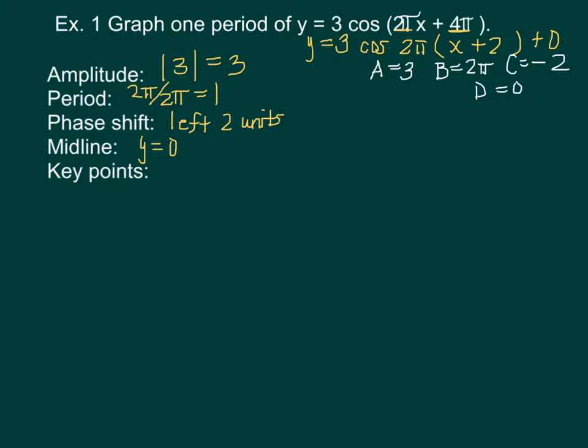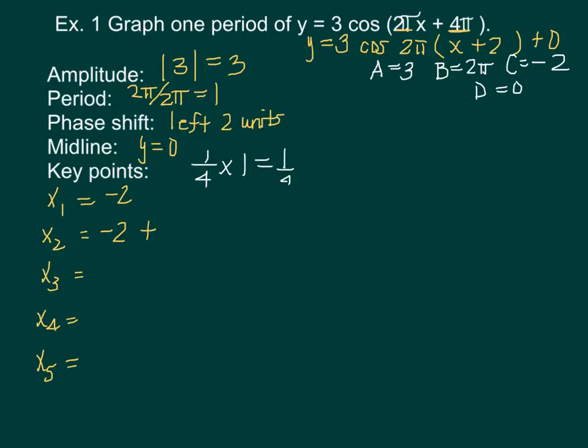So to get your key points, your first point will always start at your phase shift, which is left 2, so we're going to do -2. And then to get your other 4, you're going to take -2 and add 1/4 times your period. Your period is 1, so that is 1/4.